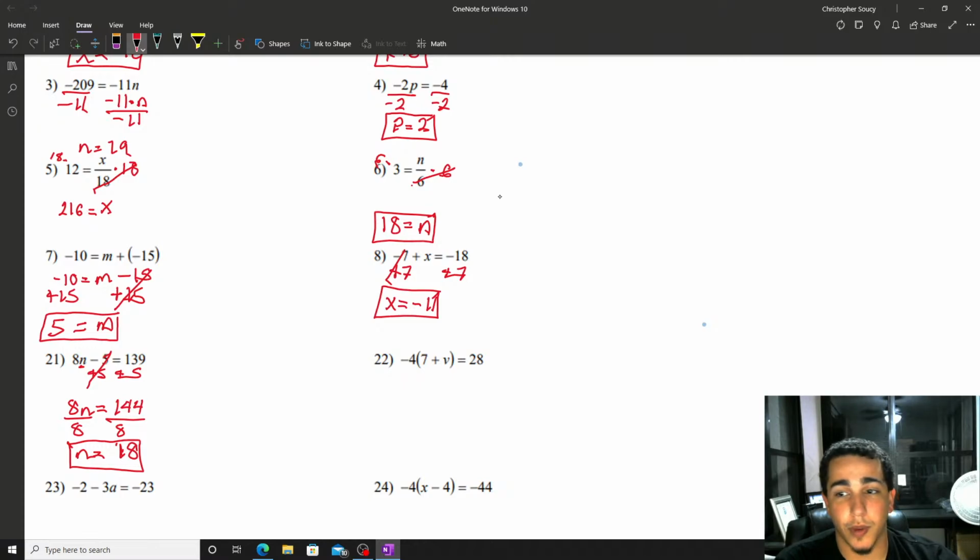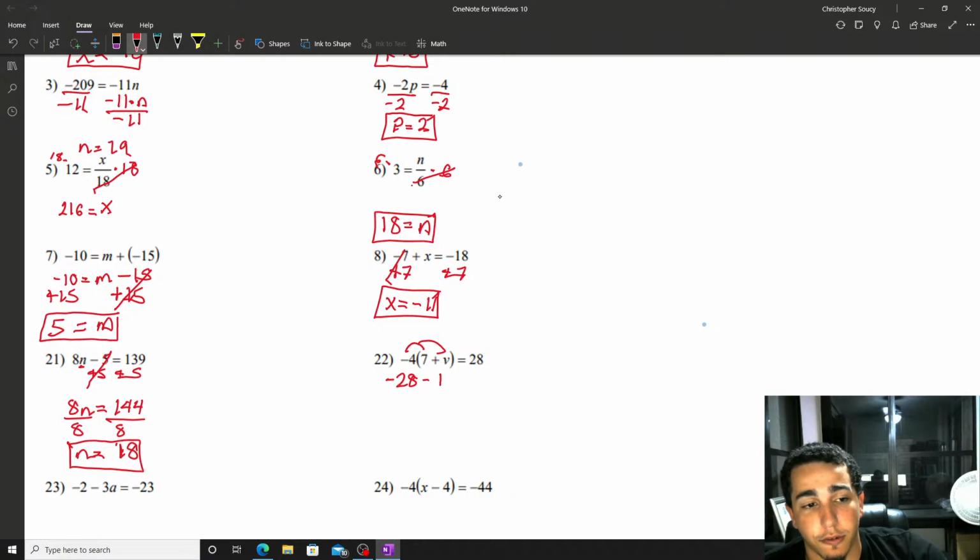For number 22, we have two ways that we can approach this problem. We can either divide negative 4 on both sides or distribute the negative 4. We'll start off with distributing. Negative 4 times 7 is negative 28 minus 4v equals 28. Next, to get v by itself, first we have to add 28 over to the other side.